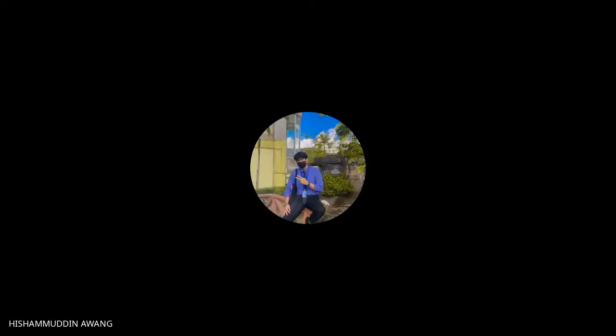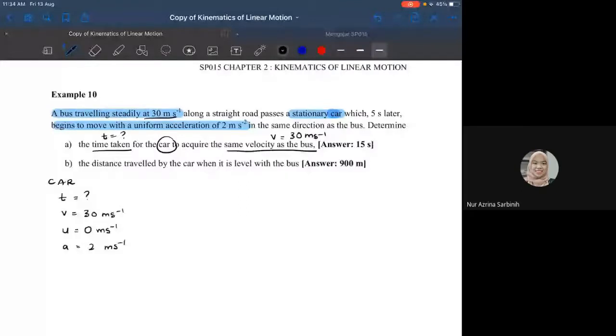Putus. Suara stuck, Miss. Ya, sekejap. Aduh, siap beralih meja. Okay, sekejap. Dengar tak suara Miss? Dengar, tapi screen start. Okay sudah.